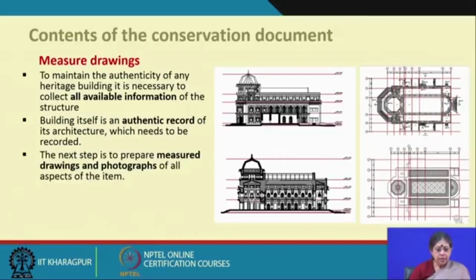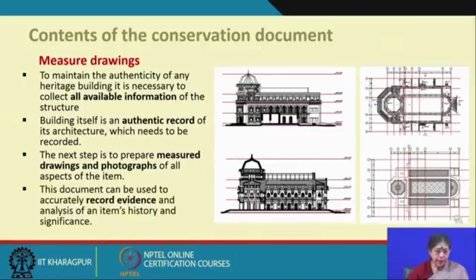The next step, besides preparing the measured drawing, is to have photographic documentation and relate it to each and every part of the structure. These are visual records, and these documents can be used to accurately record evidence and analyse an item's history and significance.